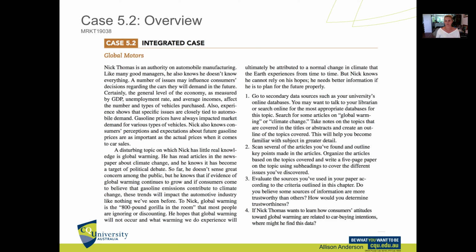Also scan several of the articles that you've found, make some key points, and this is teaching you how to think about organising articles as you find them into categories, so then you can start thinking about writing a literature review. So this is to review the current situation, like a situation analysis, so you can keep it organised and write an ordered literature review.